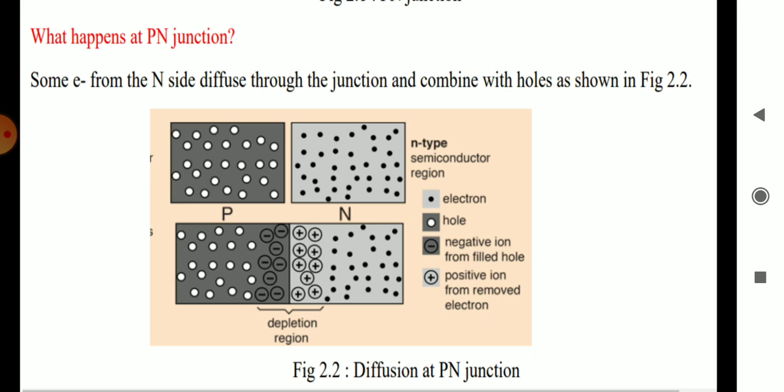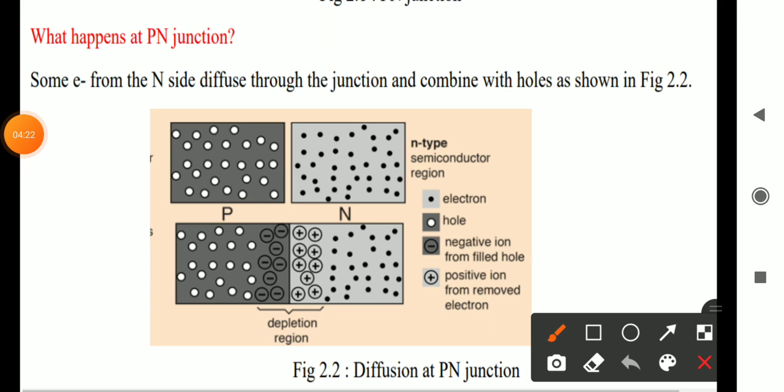Next one. What happens at a PN junction? As you can see, when we combine a P-type and an N-type material, a depletion region is formed. What happens at the depletion region? The electrons from the N side diffuse through the junction and combine with the holes.